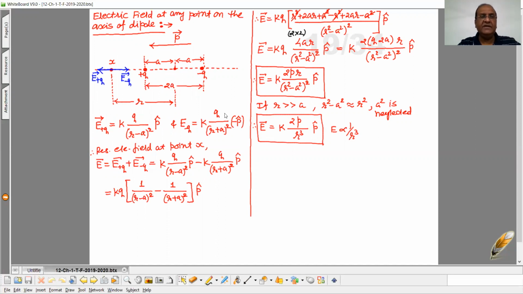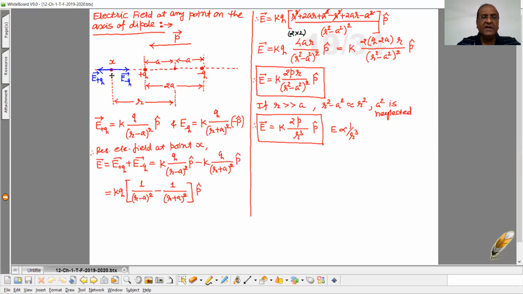Now see, first the electric field at any point on the axis of the dipole. Suppose, as shown in the figure, we take a dipole. The axis of the dipole is the axis passing through both the charges, coinciding with the line joining the two charges. Now suppose at point x on the axis of the dipole we want to find the electric field.